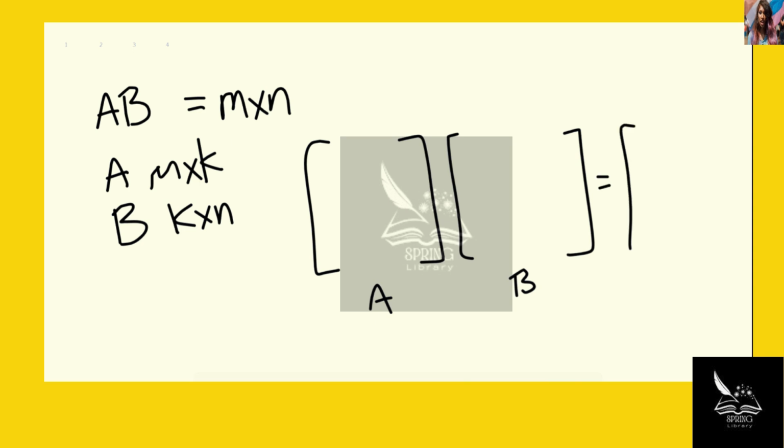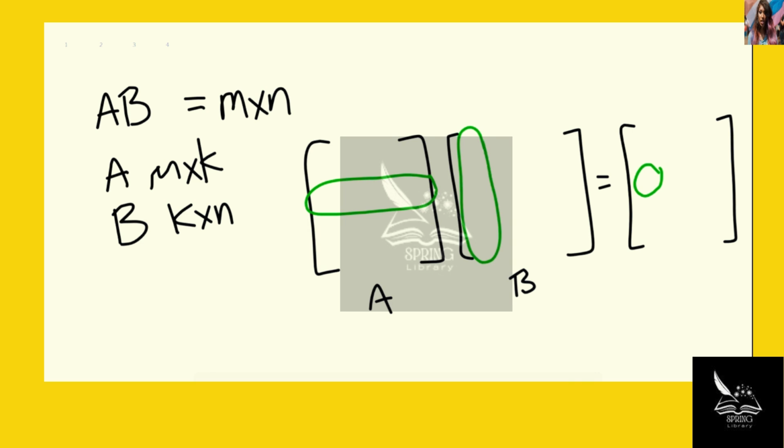in our product matrix, if you wanted the element in the second row and first column here, you would take all the elements of the second row of A and the first column of B, right?